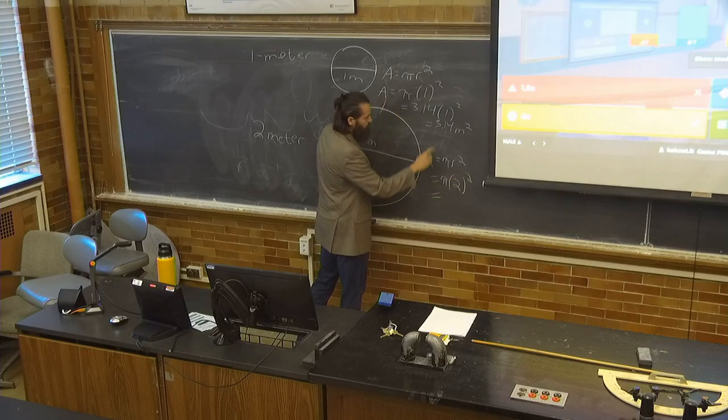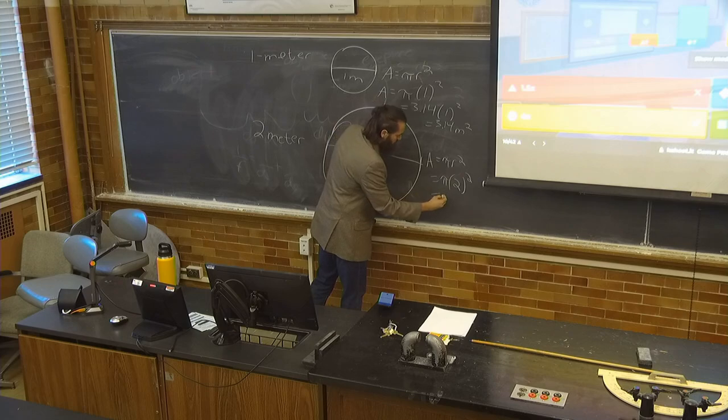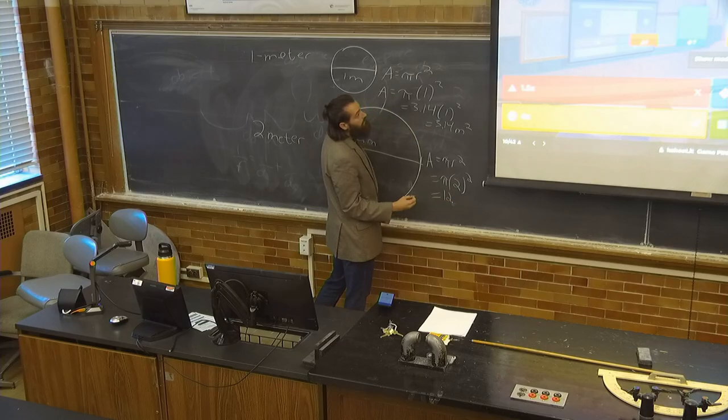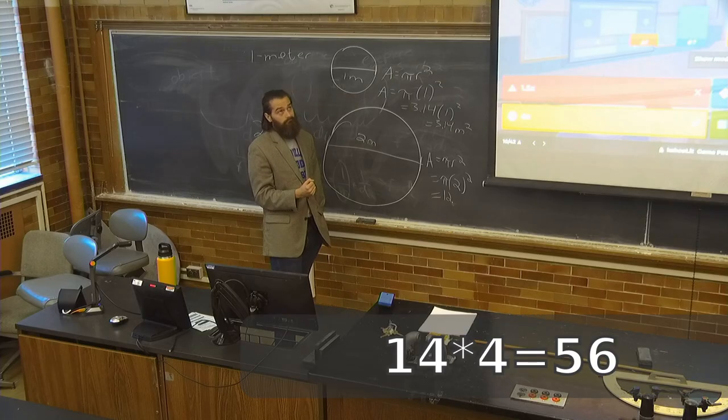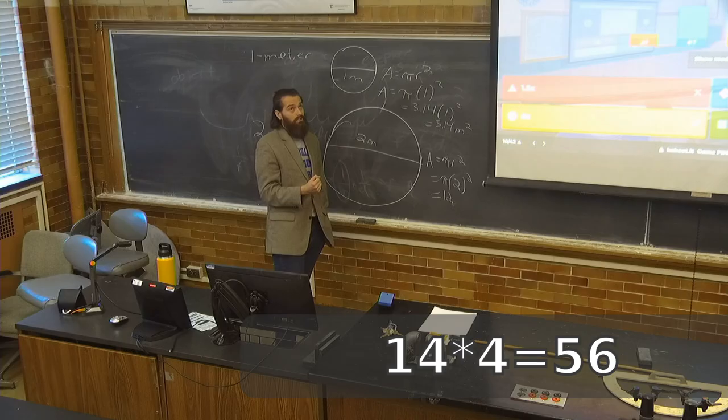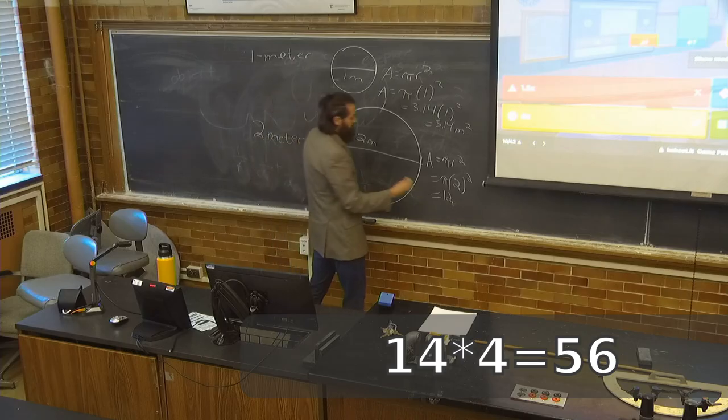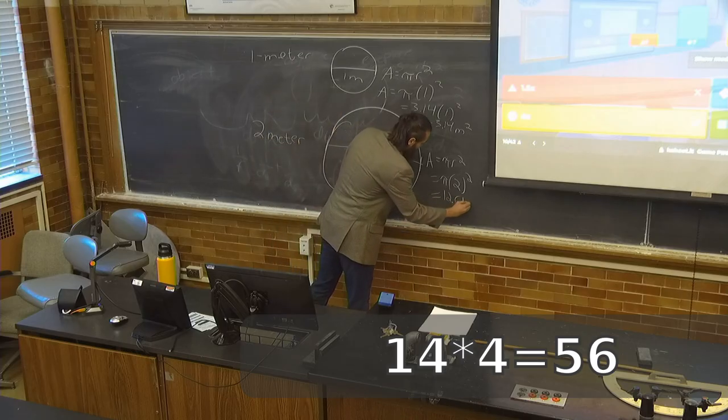So now you have 4 times 3.14, so that's 12 point something. What's 14 times 4? 64.